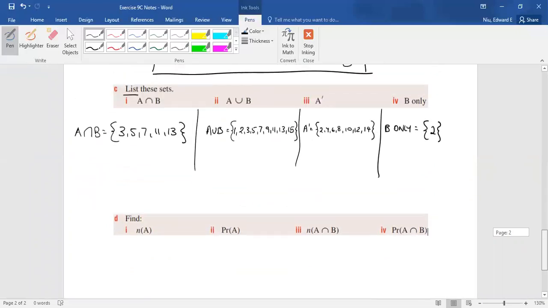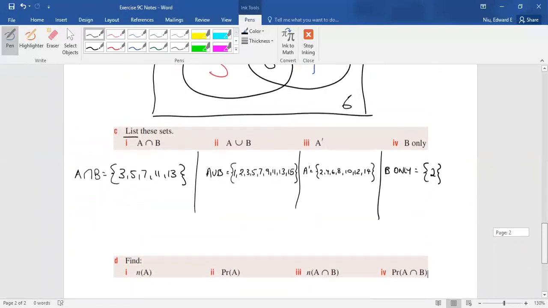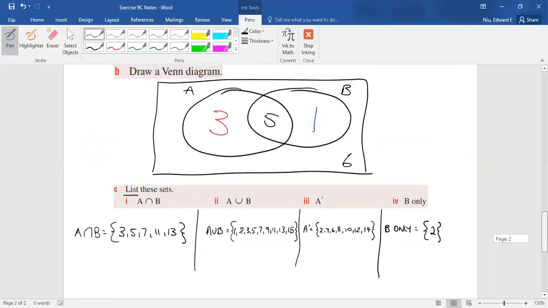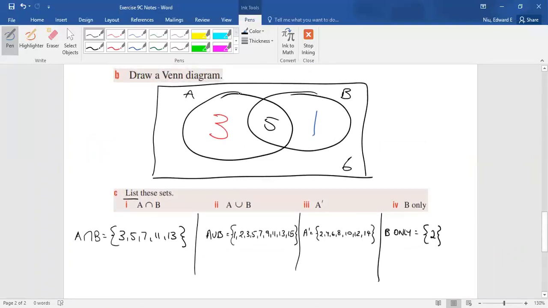This is our last set of examples. It says find the number of elements in A. So how many elements did we have in A? The A circle, common error, people usually just choose A only. The A circle actually includes the middle as well.